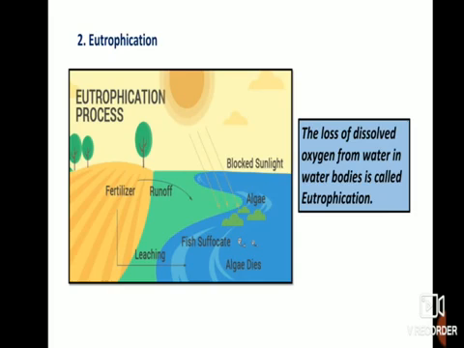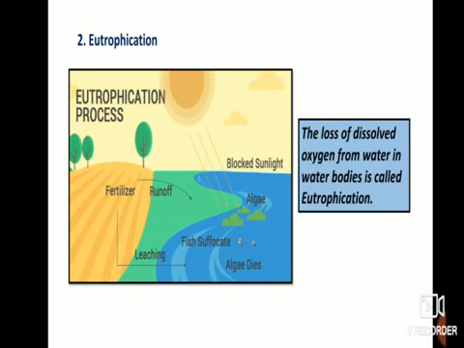Eutrophication. Washing away of fertilizers into water bodies causes increasing growth of algae in water bodies. Due to respiration carried out by algae, a large amount of dissolved oxygen in the water is consumed by the algae. Also, death of algae would further reduce the amount of oxygen in the water.